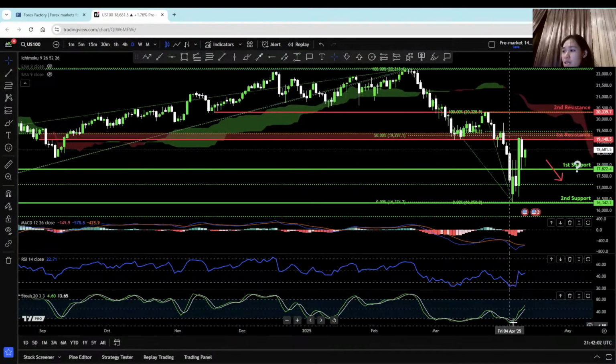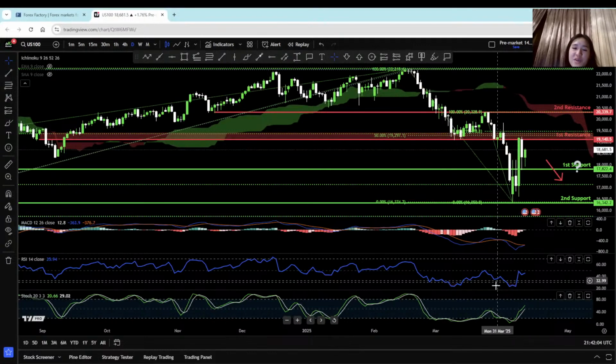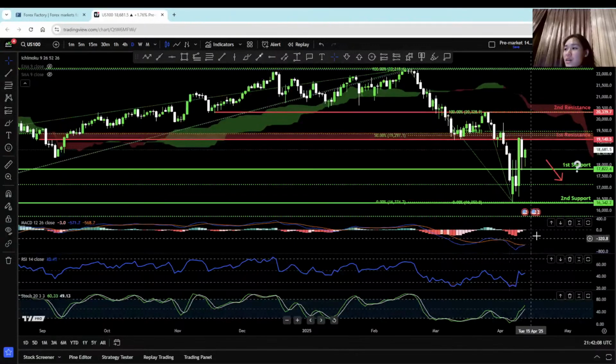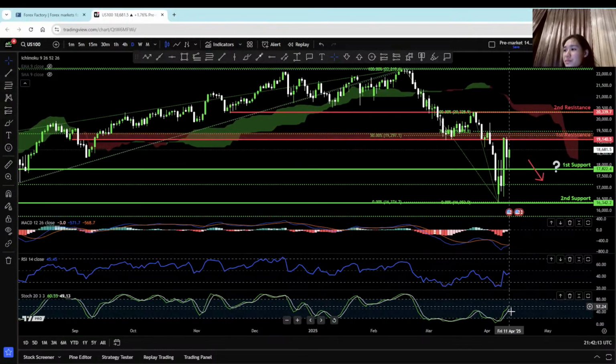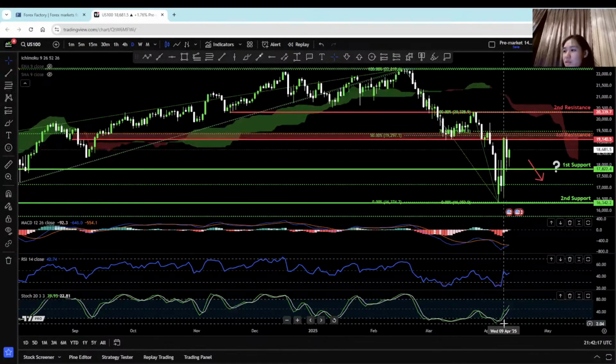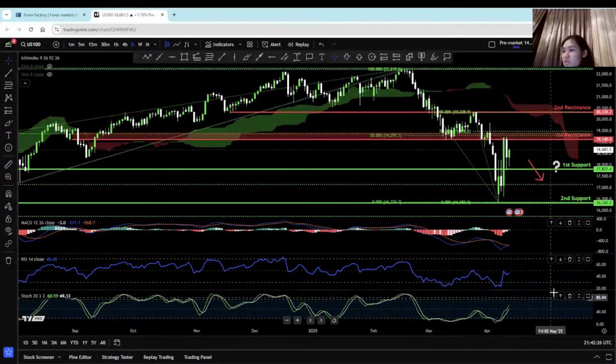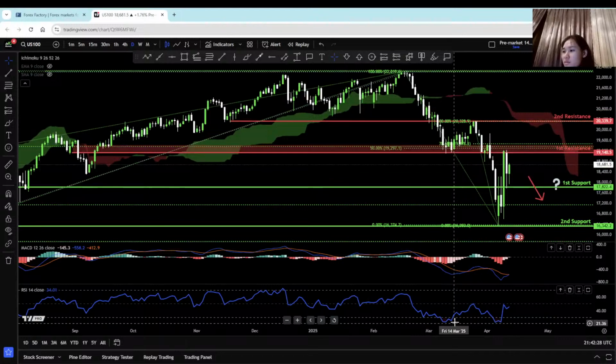You can see the indicators are generally moving upwards, or at least for stochastic, it's moving upwards. Let's see if we have any divergences. It's not really telling us much right now.